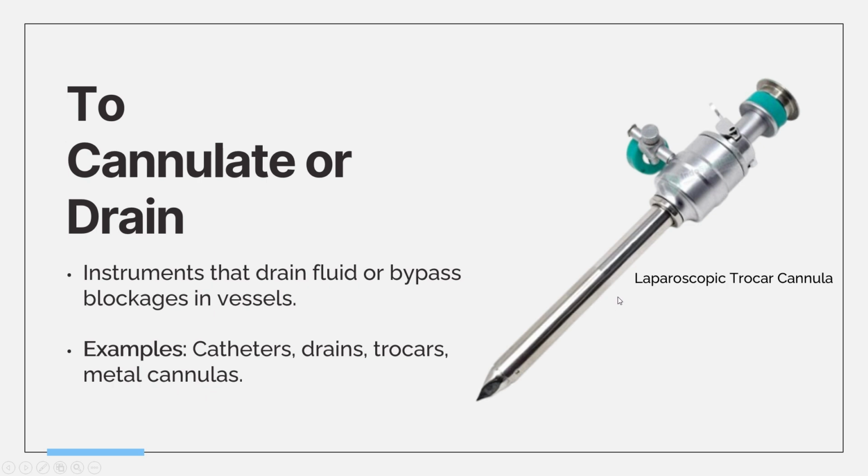These can be used for drawing blood or measuring blood pressure. Drains help prevent the accumulation of fluid such as blood, pus, or serous fluid at the site of surgery or injury, which helps lower the risk of infection and promote healing for the patient afterwards.